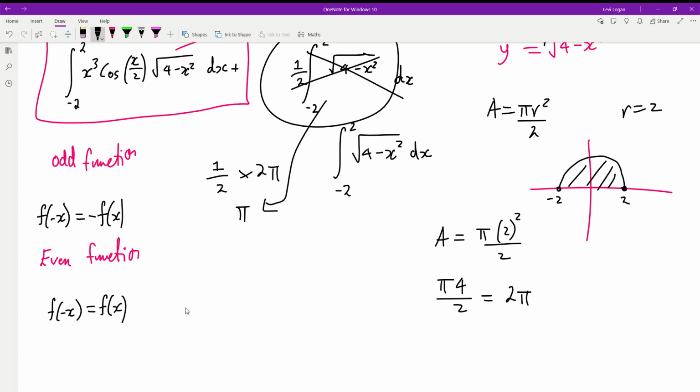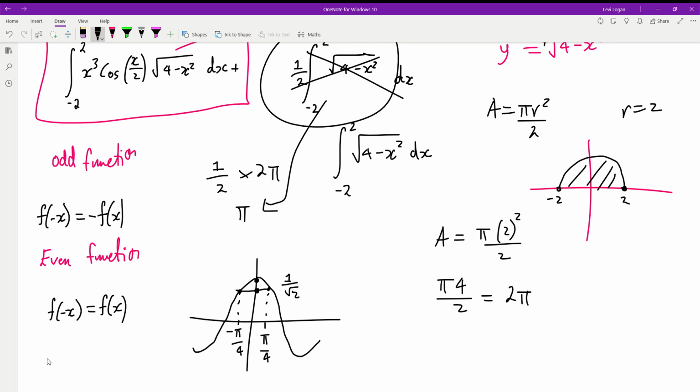What I mean by that is if you have the cos curve, for example, and this is negative pi on 4 and this is pi on 4, they share the same value there, which is, I believe, 1 on root 2. So cos of negative pi on 4 is the same as cos of pi on 4.